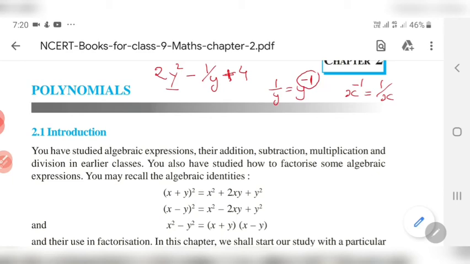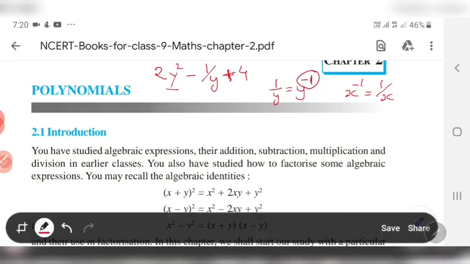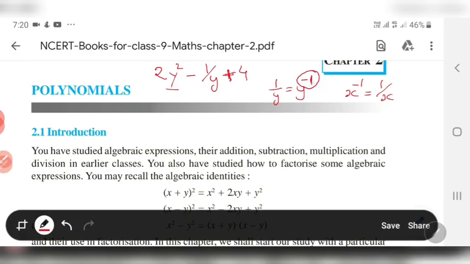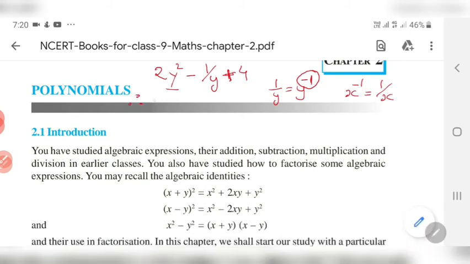And I already told you that the variable's exponent should be a whole number. So is minus 1 a whole number? No, it is not a whole number. Therefore, this expression is not a polynomial, correct? So children, I hope you understood these points.